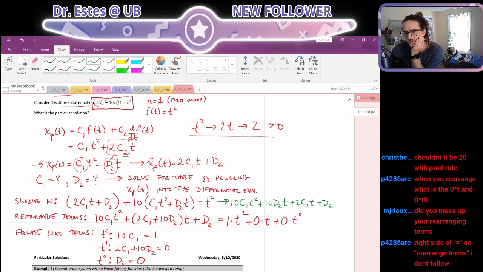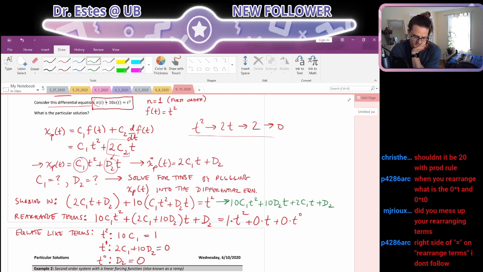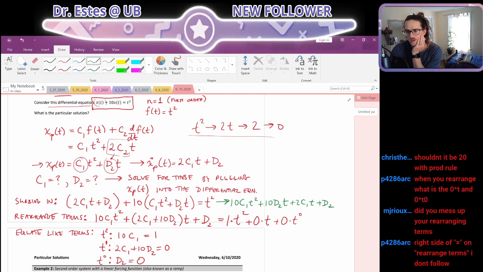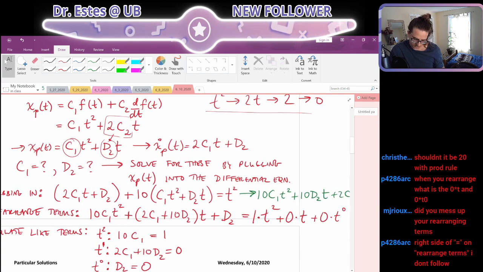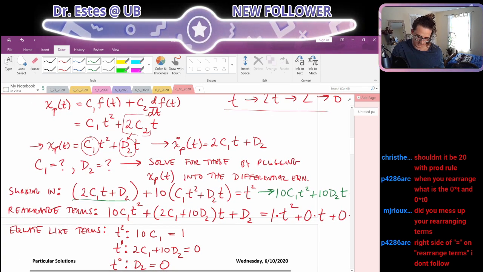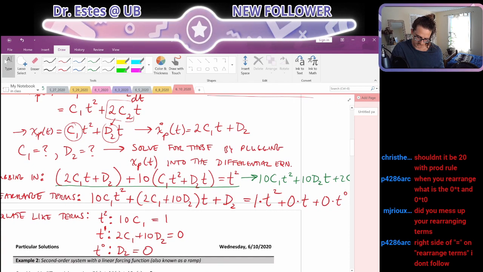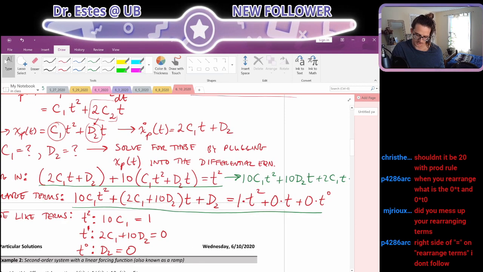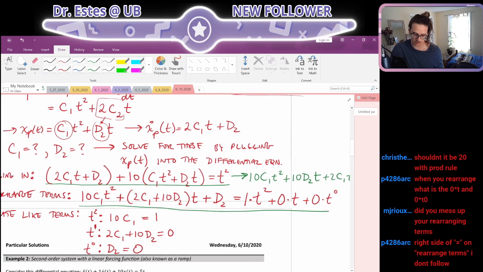Right side of equals on rearranged terms. You don't follow? Well, all I'm doing is taking this equation and just rewriting it, because I want to equate like terms.